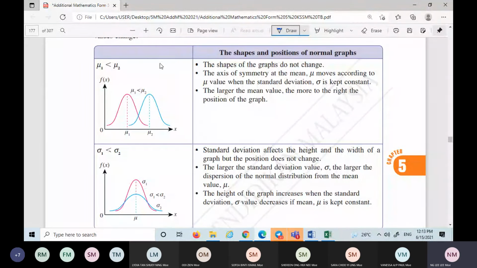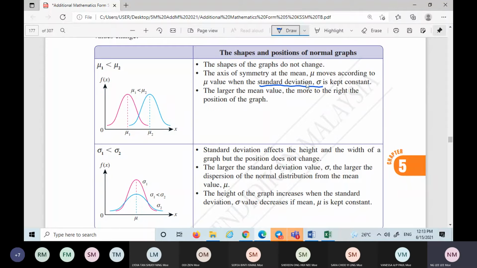If you want to add in your notes, you can do so. If we have two normal distribution graphs where the standard deviations, sigma, are the same, but the means are different, how will the graph look? If the standard deviations are the same, the shape of the graph does not change, it remains the same.